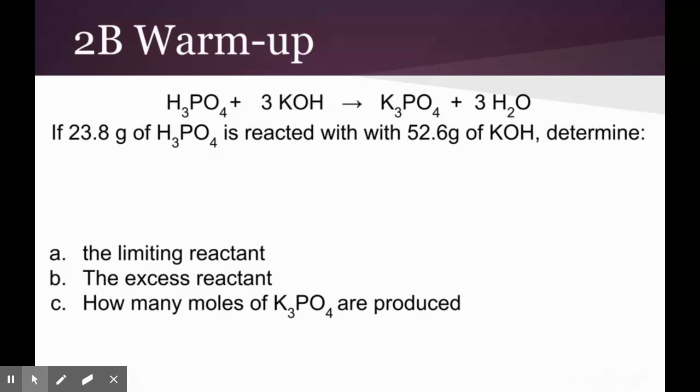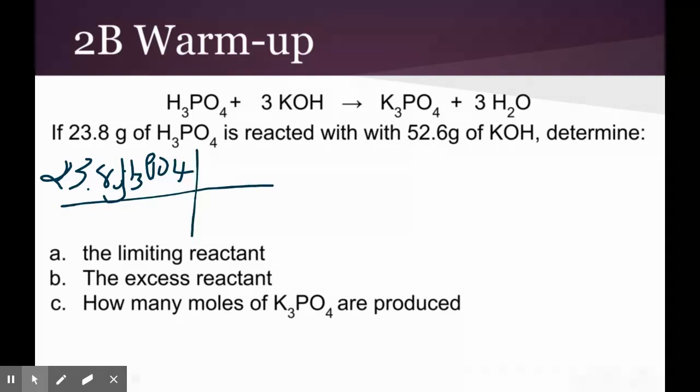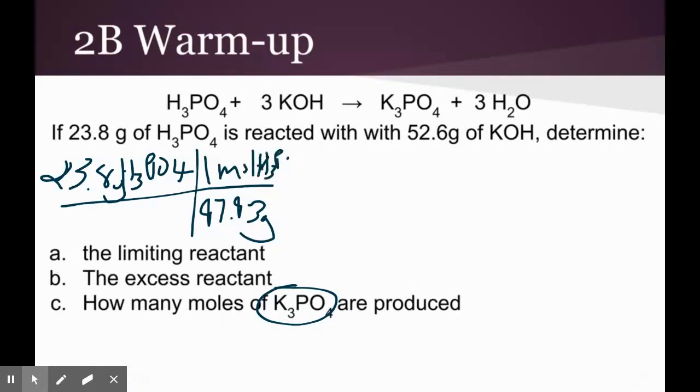Alright, so we want to start with our 23.8 grams of H3PO4, and we're going to convert that to moles of K3PO4 since that's what the question is asking us for. So we're going to use the molar mass, which is 97.93 grams in 1 mole of H3PO4.